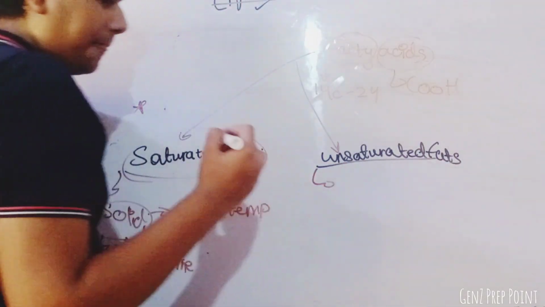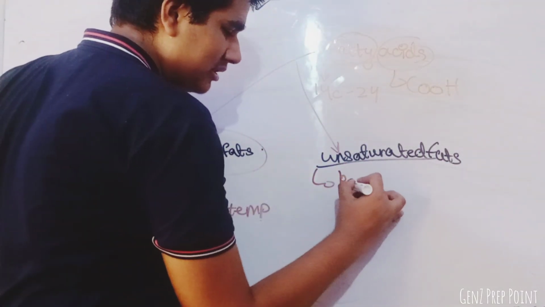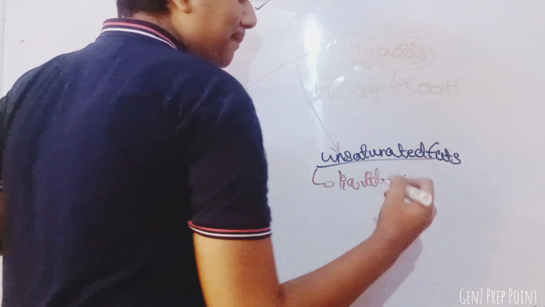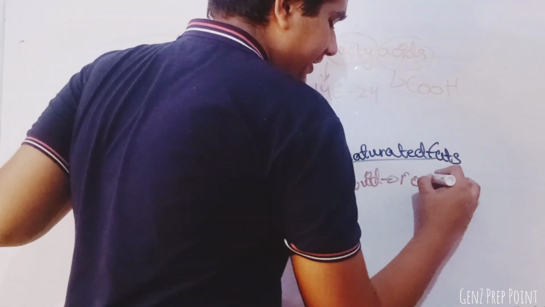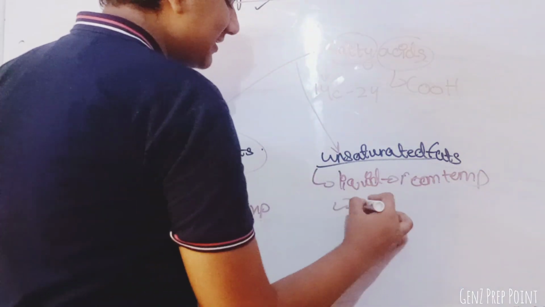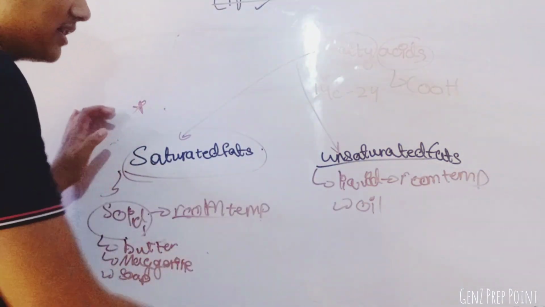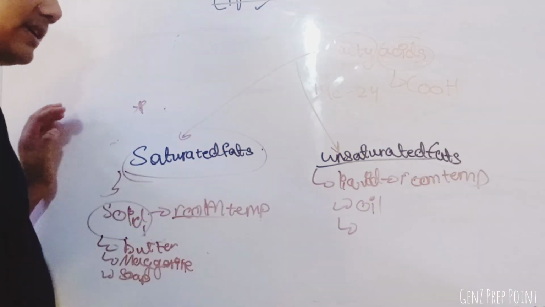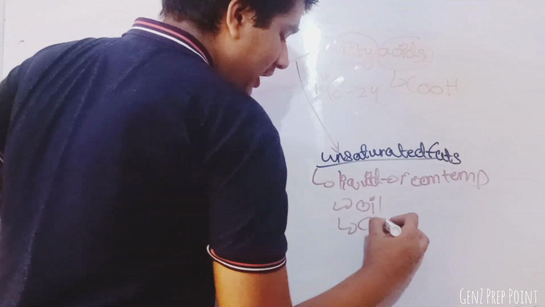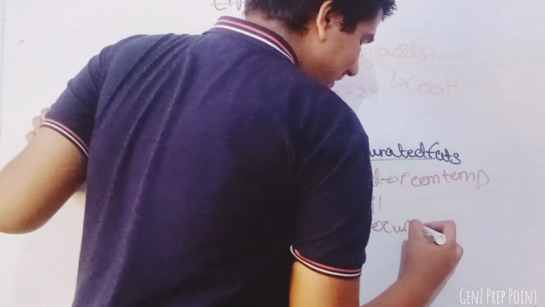Now, a liquid that stays liquid at room temperature, like oil. Oil, whether canola oil, sunflower oil, cooking oil or coconut oil.